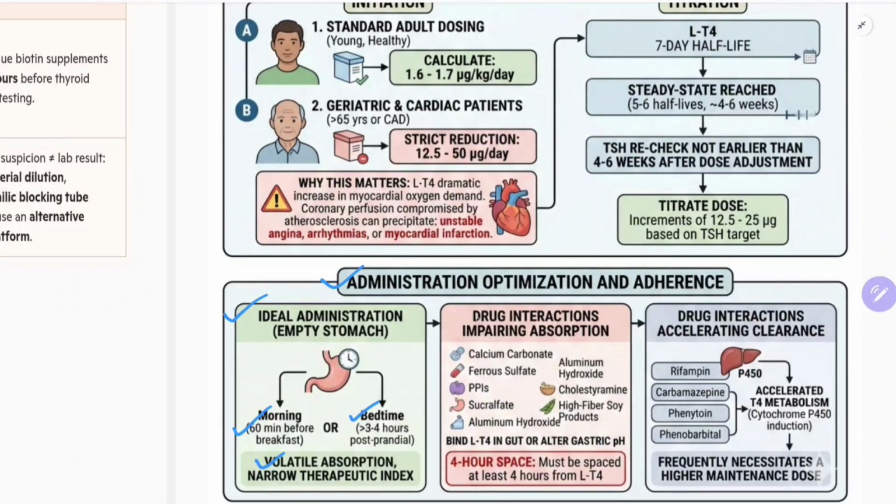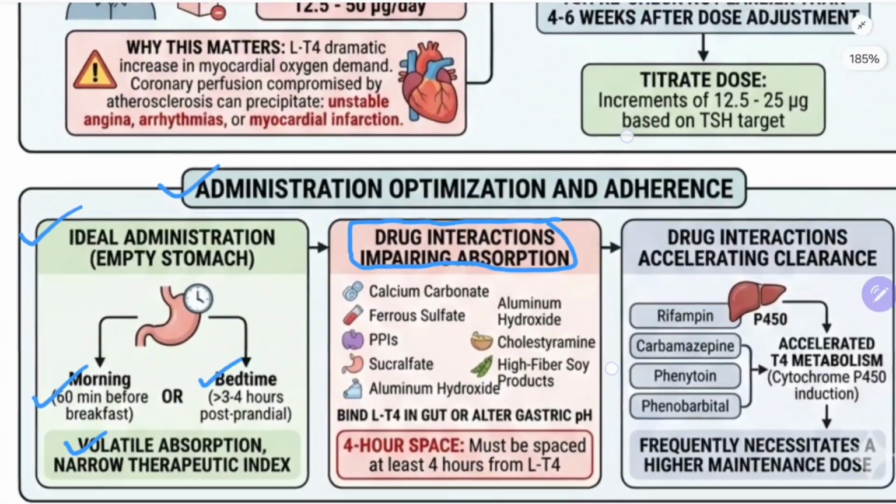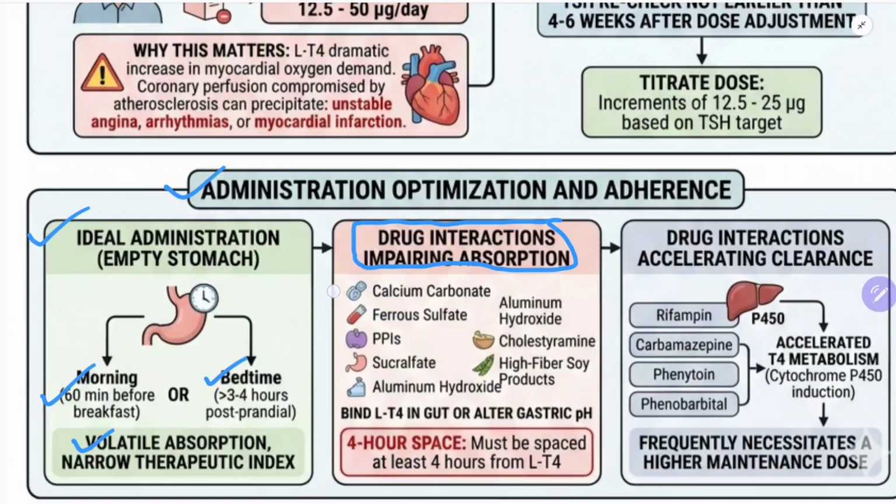Now you should also ask the patient about drug interactions which impair the absorption of T4. Calcium supplements, iron supplements, proton pump inhibitors, sucralfate used for GERD or peptic ulcer, aluminum hydroxide, again an antacid, cholestyramine used in liver diseases, and high fiber soy products.